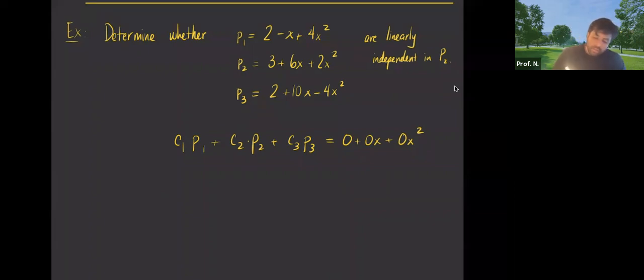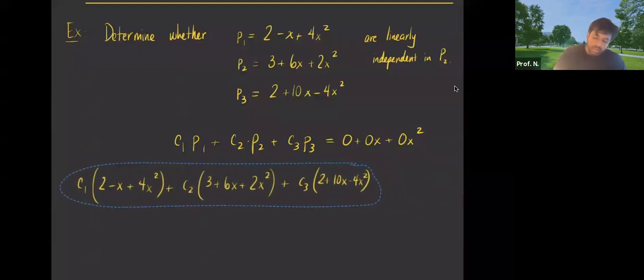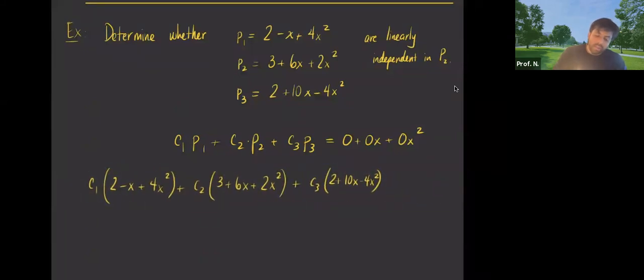So then what does this become? C1 times 2 minus x plus 4x squared, plus C2 times 3 plus 6x plus 2x squared, plus C3 times 2 plus 10x minus 4x squared, all equal to 0 plus 0x plus 0x squared.